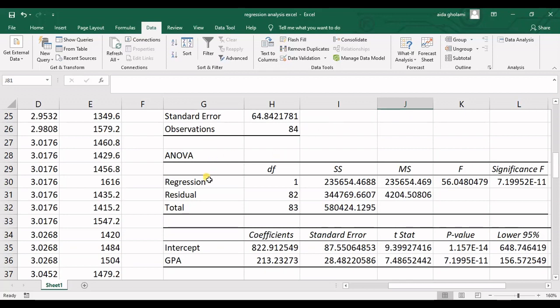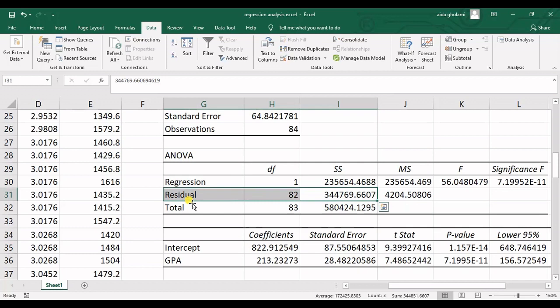And this Anova table shows the sum of squares for the regression model, and the sum of squares for residuals, okay, for those errors. And then there is the sum of squares for total.